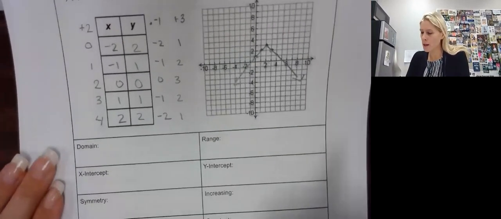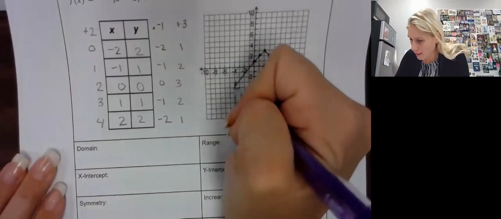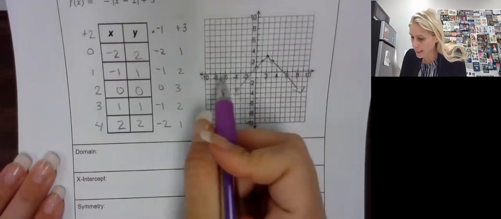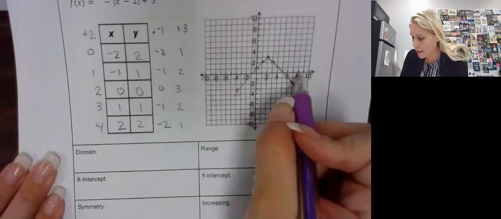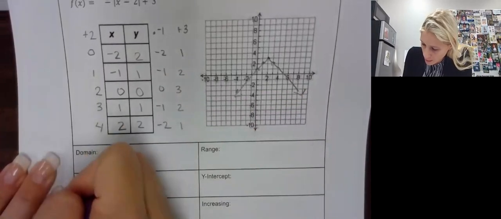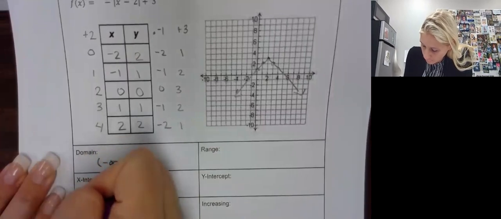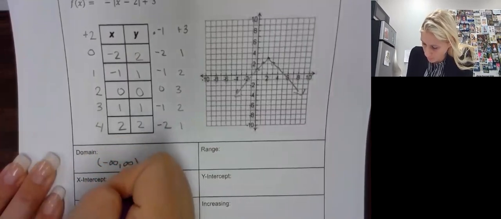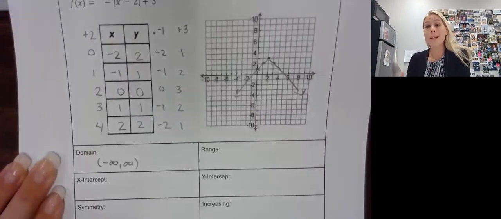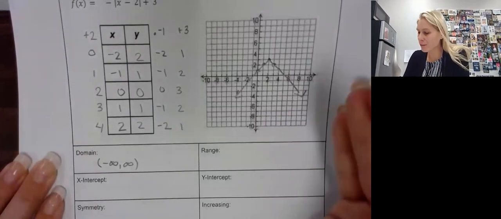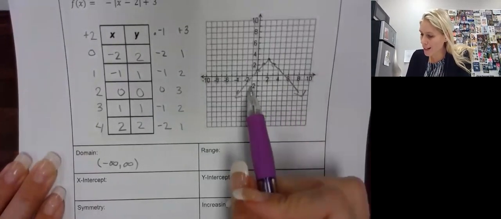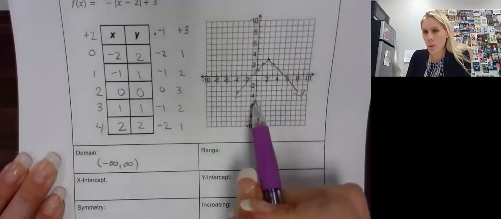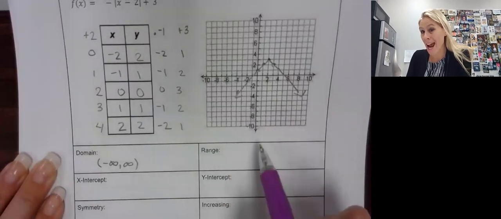Okay, so domain. Think of our arrows, right? We squish it down to the x-axis. We have arrows going left, arrows going right. So -infinity to infinity. Our range. Now be careful, this one's a little bit different, right? Because if we squish onto our y-axis here, our arrows are pointing which way? They're pointing down.